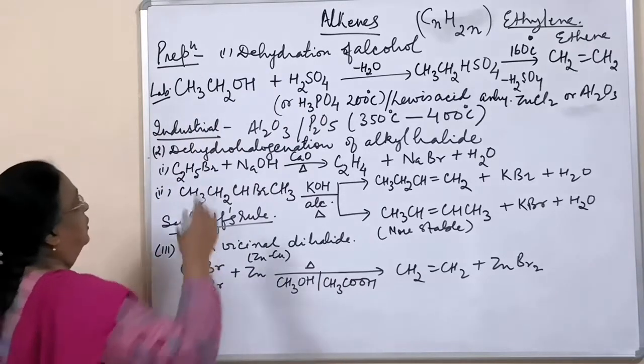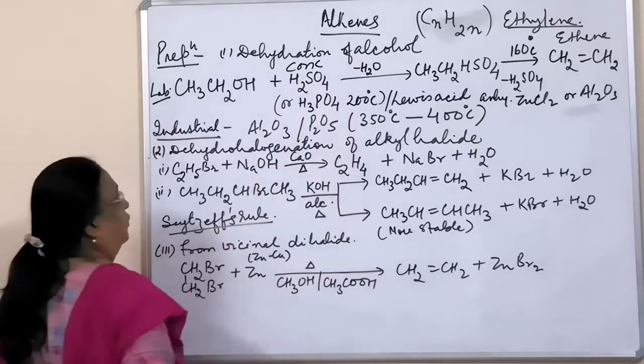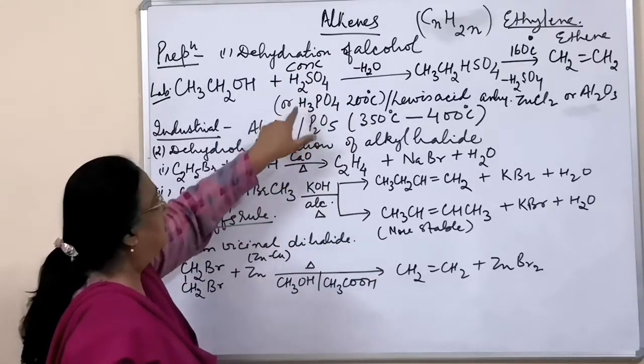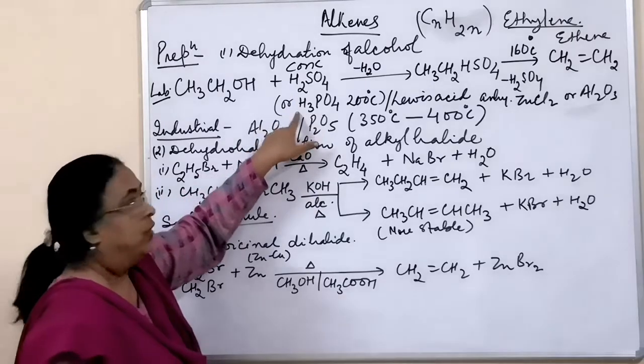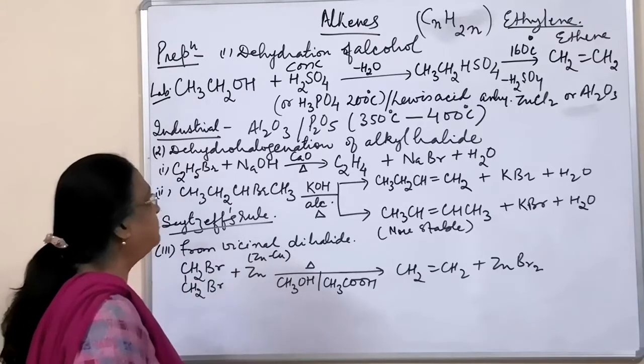So to remove water from alcohol, we use conc. H2SO4, or in place of conc. H2SO4 we can use phosphoric acid, and the reaction is the same.